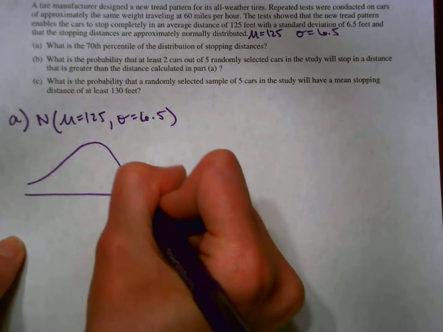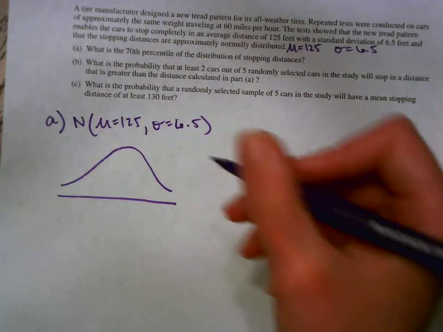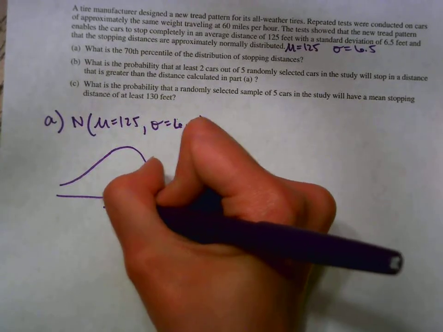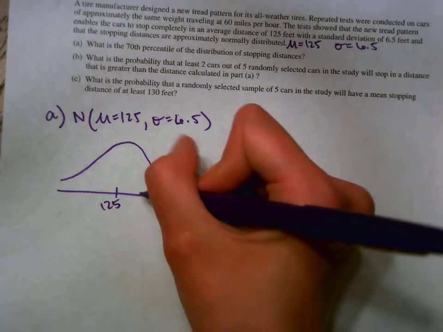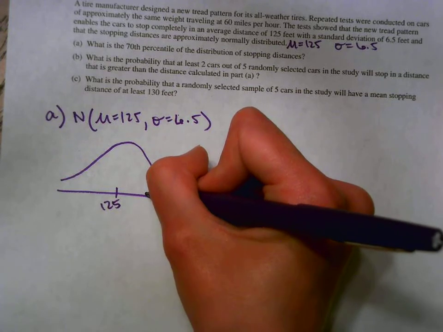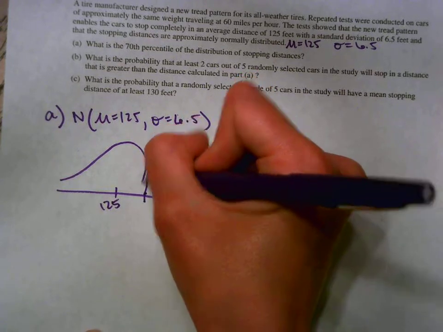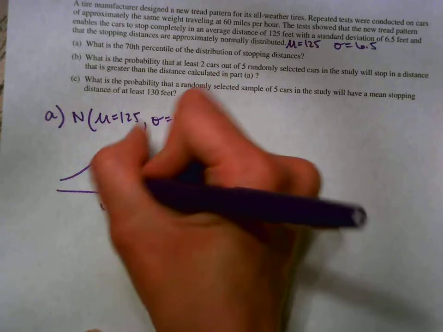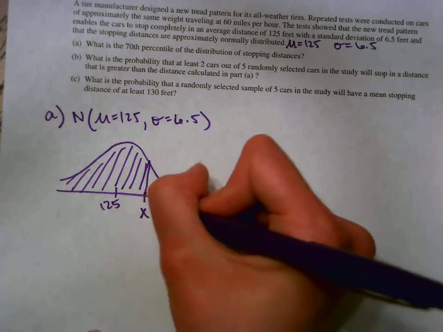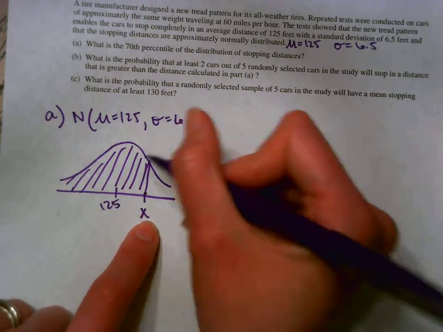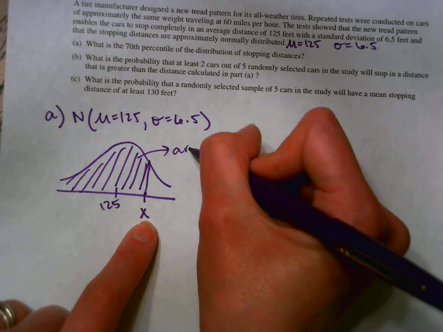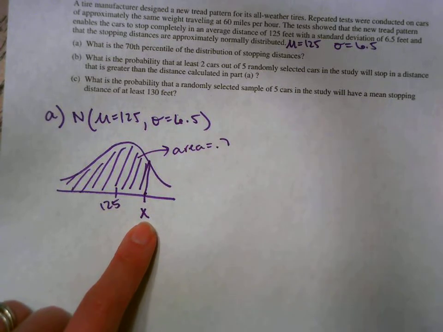So we draw our distribution, and to be at the 70th percentile, go ahead and put my mean. It would be what value gives 70% area below. We're looking for this value right here, with the area equaling 0.7.